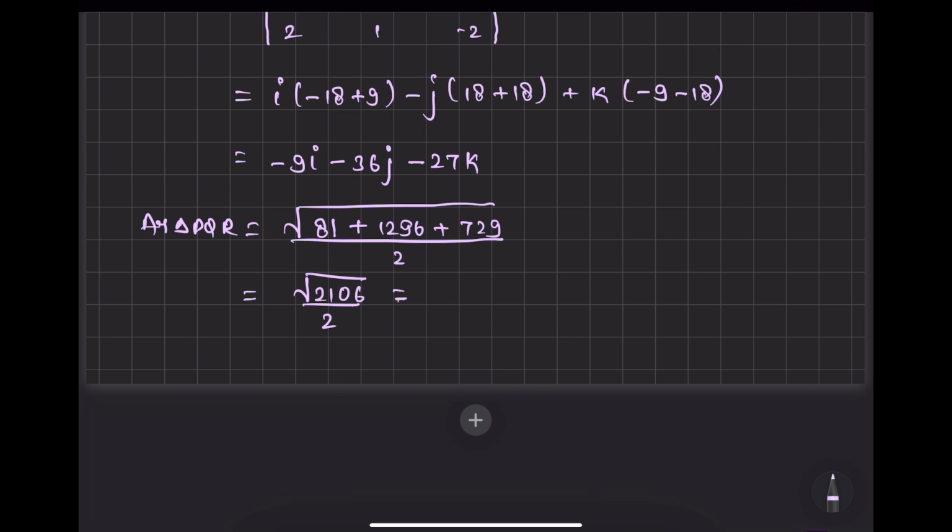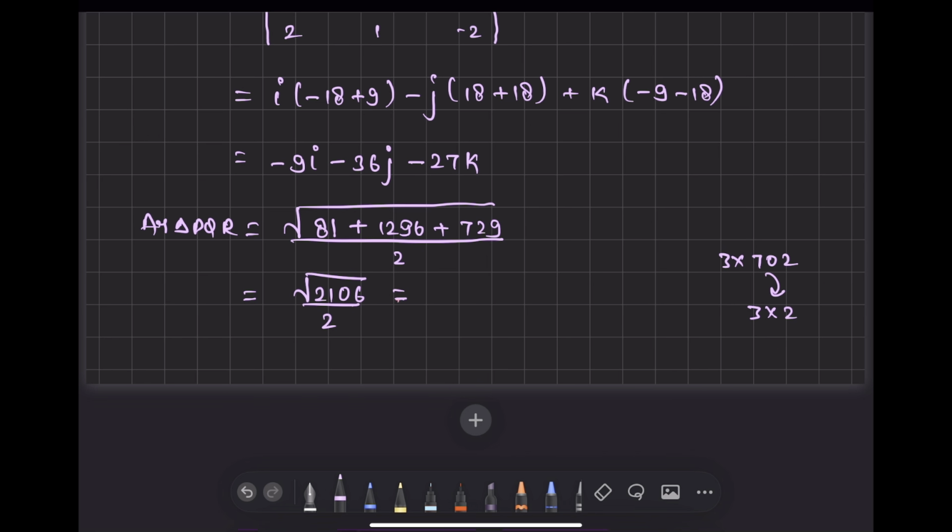Now we will do the prime factorization. So first we will go with 3. Yes, 3 we can do. So we will have 3 times 702. Again 3 2s are 6. We can go with 3 again. 3 2s are 6, 3 3s are 9.